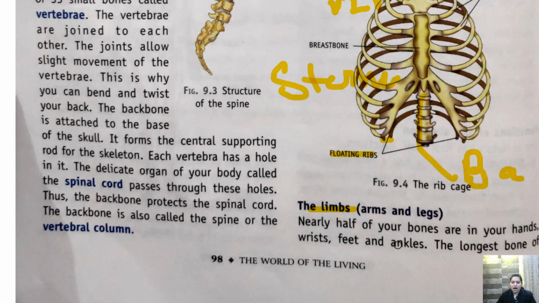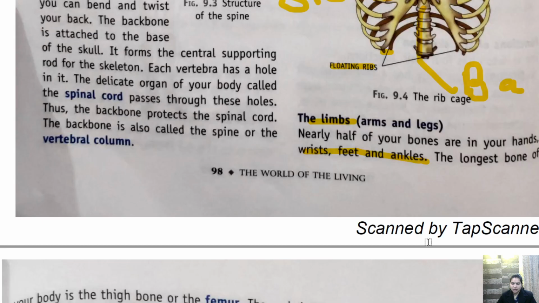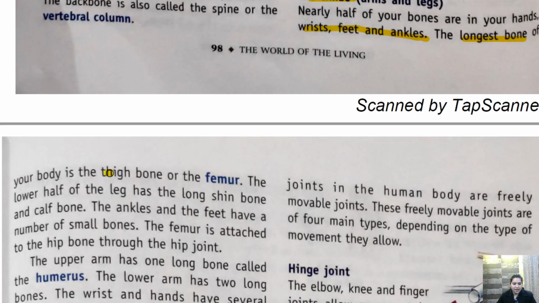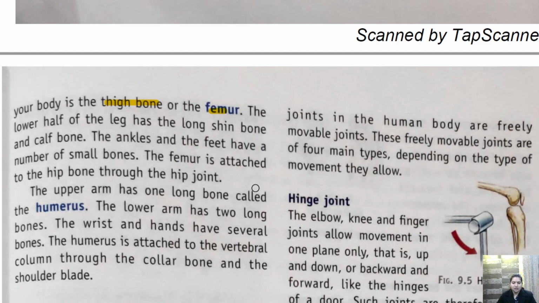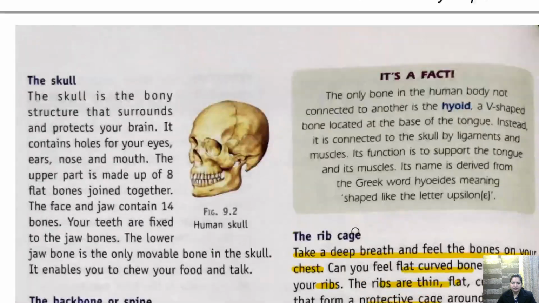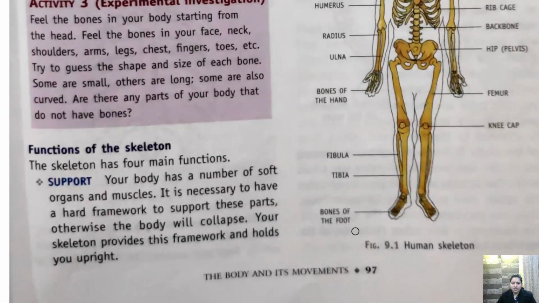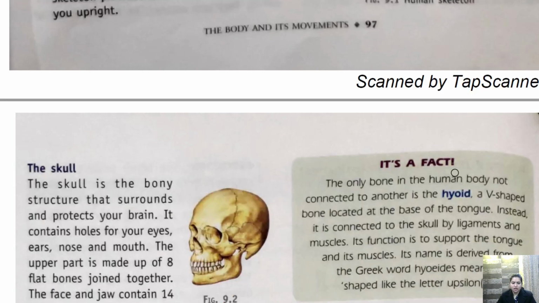Nearly half of your bones are in your hands, wrists, feet and ankles. The longest bone of your body is the thigh bone or femur. Okay, I think you are clear with this. So which is femur? You can see here, this bone is femur, which is attached to the hip bone and is above the knee.